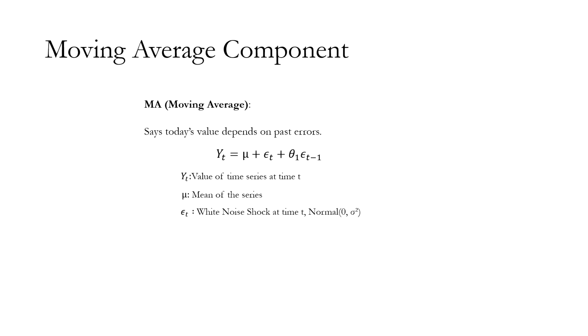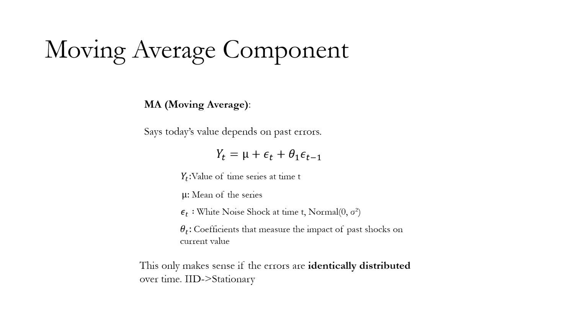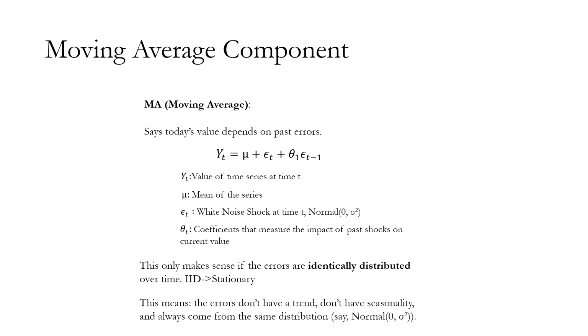Et is the white noise shock at time t, normally distributed around 0 with variance sigma squared. Theta is the coefficient that measures the impact of past shocks on the current value. And this only makes sense if the errors are identically distributed over time, IID stationary. This means that the errors don't have a trend, they don't have seasonality, and always come from the same distribution.